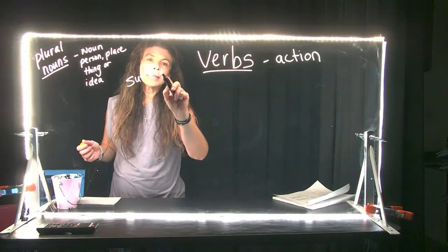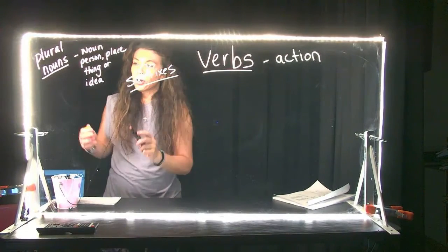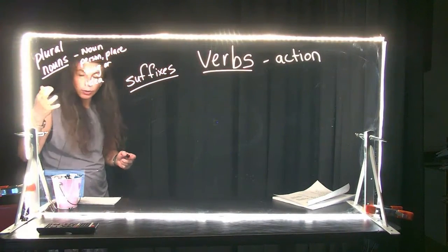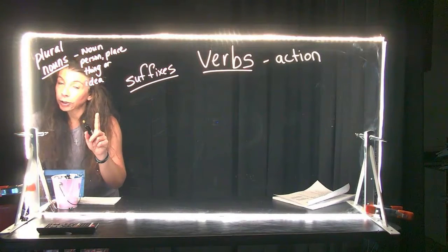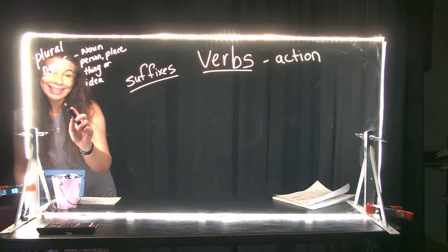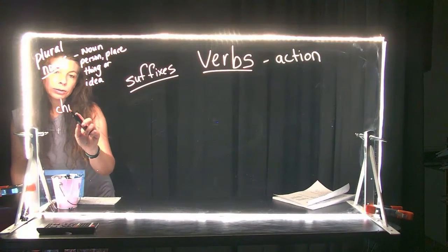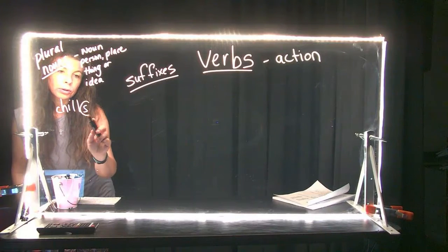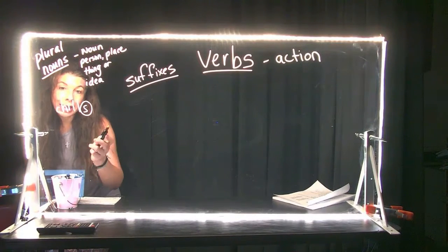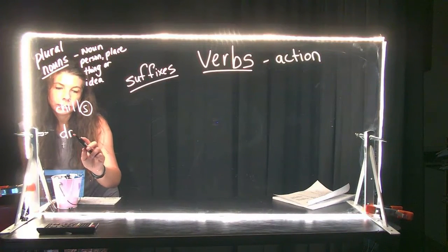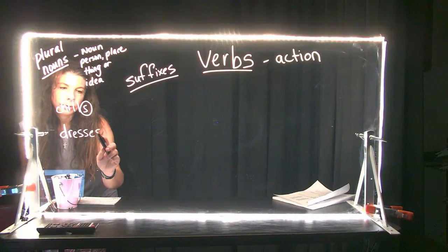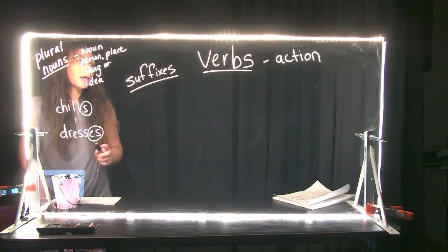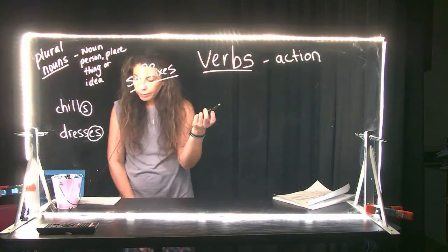So just like to make a noun plural, other than an irregular noun, you add an S or you add an ES. That also works for verbs.